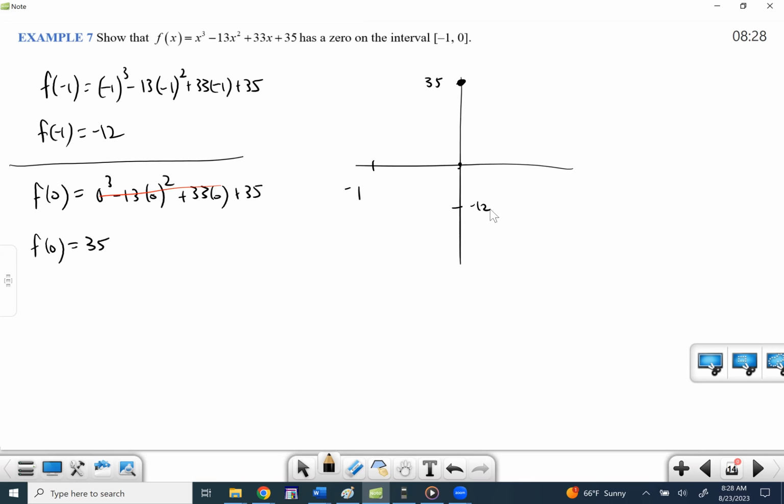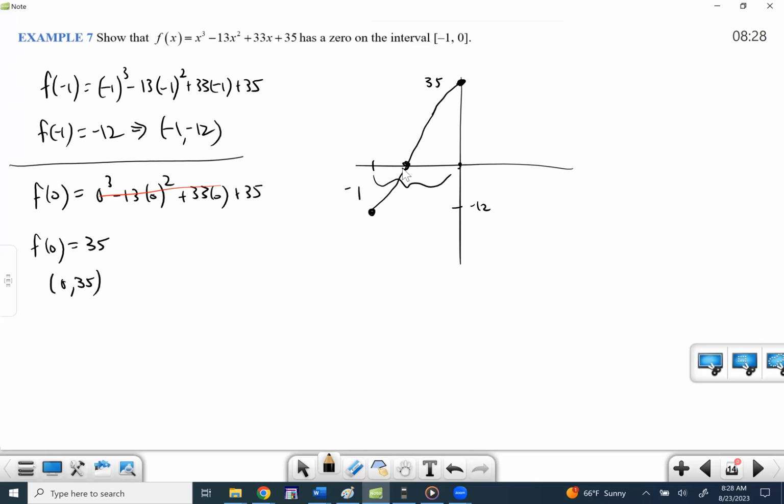So there's a point (0, 35) that we graphed, and there's a point (negative 1, negative 12) that we graphed, right? That's exactly what we want because one's positive and one's negative. So that means we'd have to cross through the x-axis on the interval of negative 1 to 0 in order to connect those dots. So that's kind of our picture.